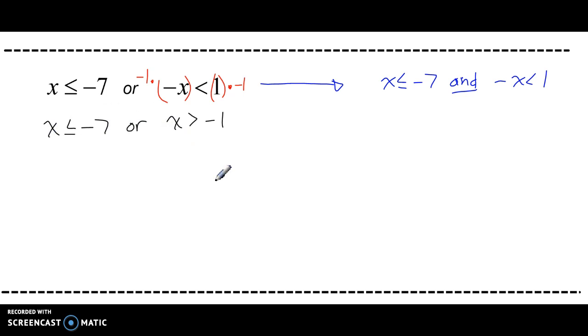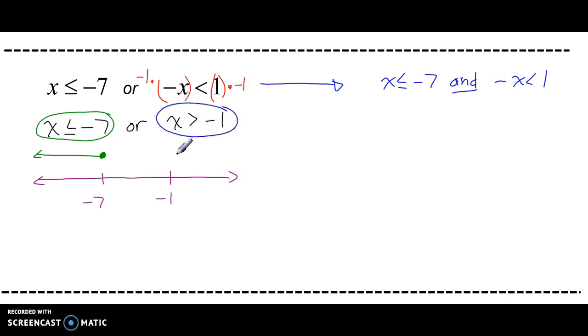And then, what I suggest that you do next is draw a picture of each inequality. Make sure you get your key numbers in the right order, just like I said a second ago. That's kind of important. This one should be a graph of numbers below or equal to -7, so that should look like this. This one here should be a graph of stuff that's bigger than -1, so it would look like that.